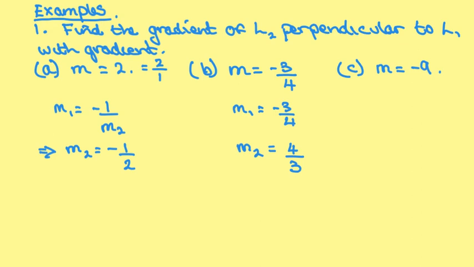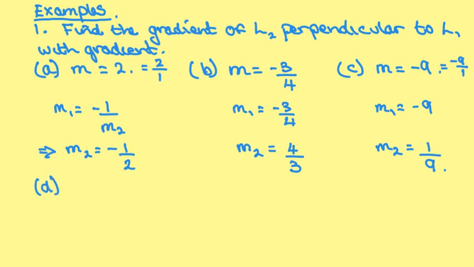And C, m is equal to minus 9, which we can write as minus 9 over 1. So m1 is equal to minus 9. So m2 is a negative reciprocal, so we make it positive, flip it upside down, so it becomes 1 over 9. And I'd like to do just one more.